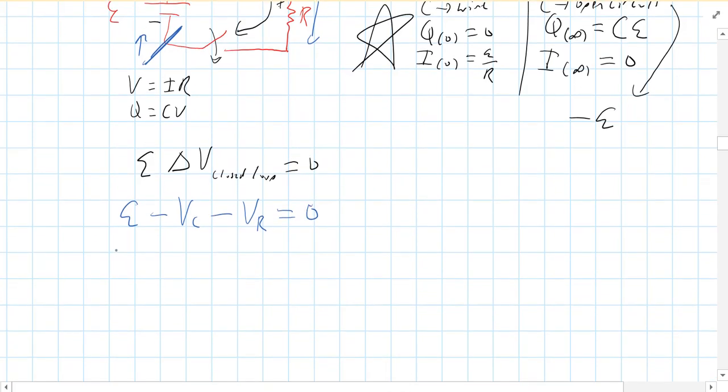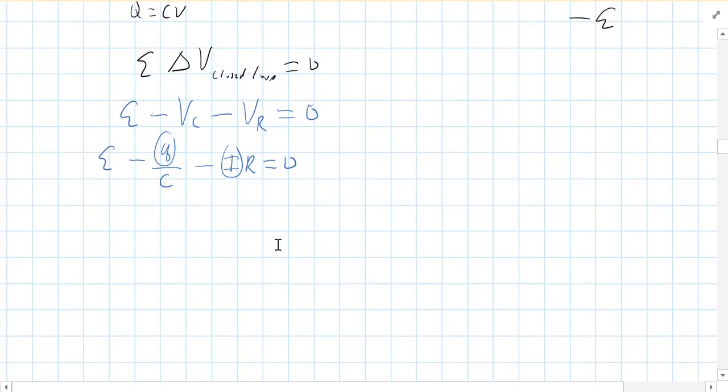Okay. Now we got some formulas to put in here. Voltage of a capacitor is Q over C, and voltage of a resistor is IR. Now we've got two variables here, Q and I, but they're related. We know that I is the rate of change of Q. So you can rewrite this as E minus Q over C minus dQ/dt times R equals 0.